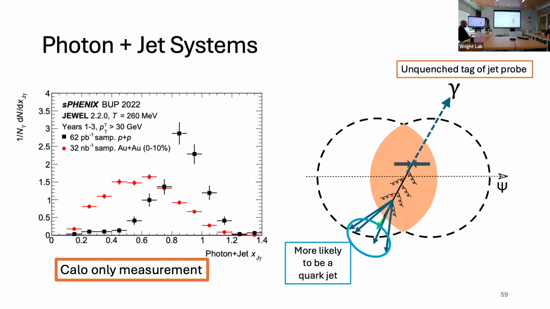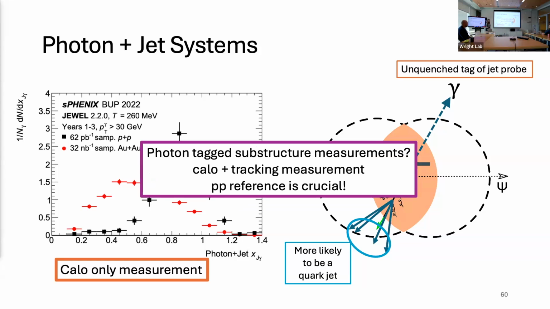This type of measurement with just the photon jet balance is something you can do in a calorimeter only data set. If you wanted to look at something like the substructure of a photon tagged jet, that's something where we really need tracking information. And so this is somewhere where maybe we're hurting a little bit in sPHENIX because of the smaller data set that we got with the full detector.